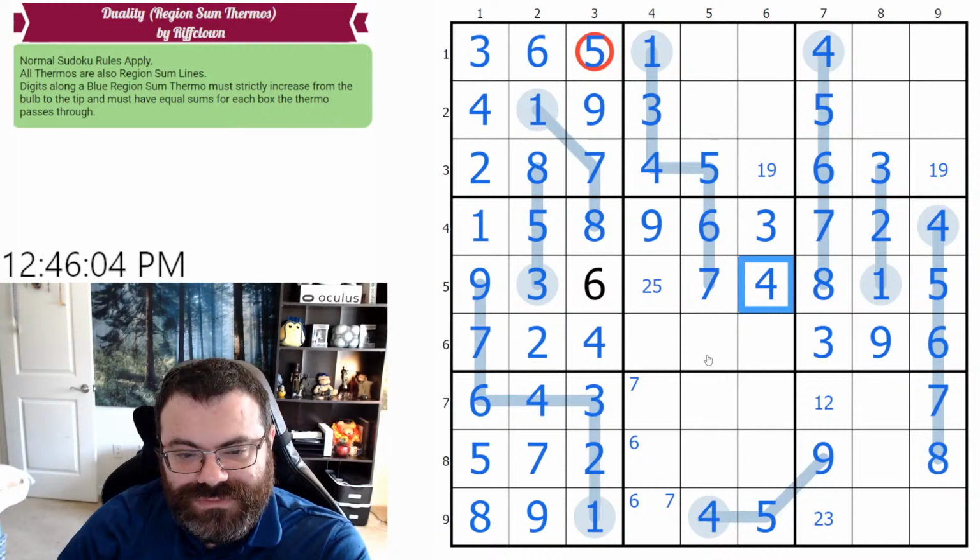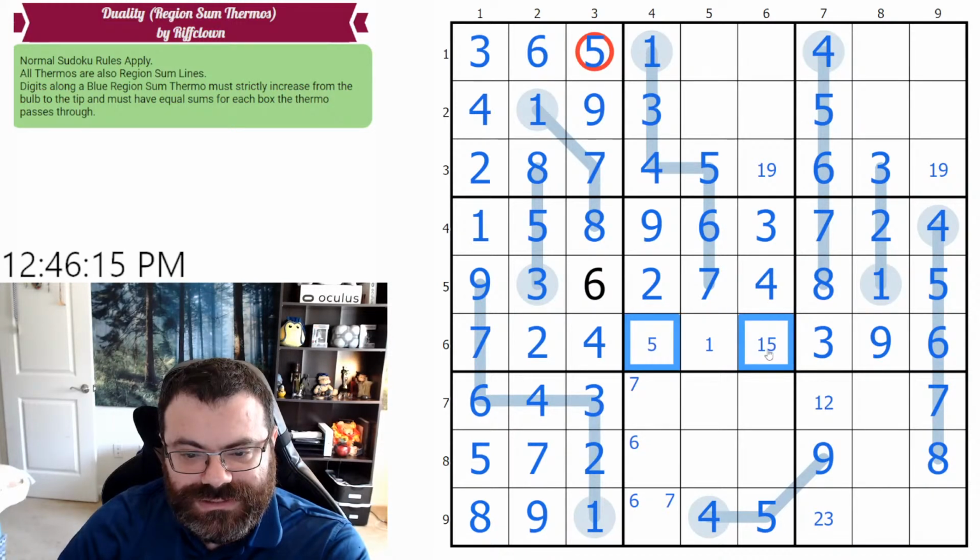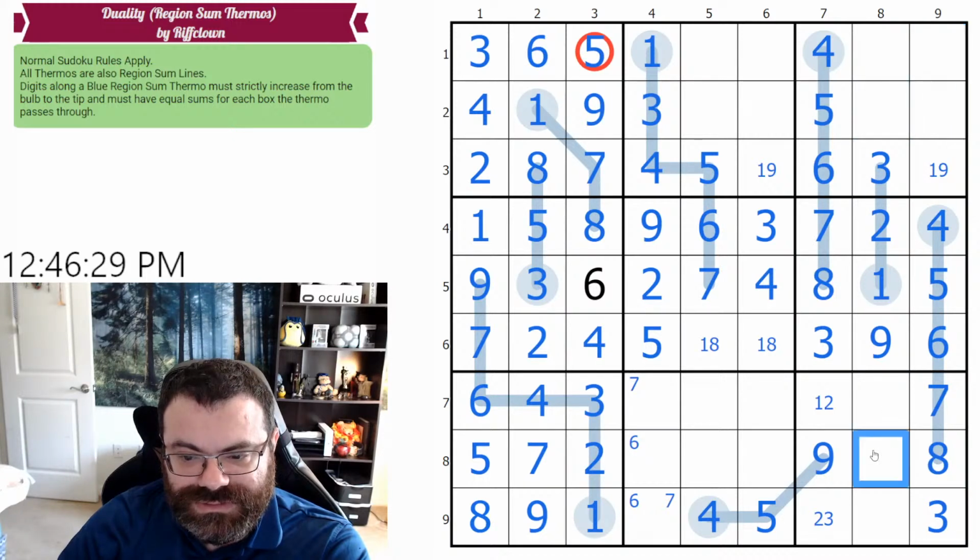This is now 3, 4, 2, and we've got a 1, 5. Oops, actually 5 is placed. And 8. Three is placed in column 9 because of that 3.